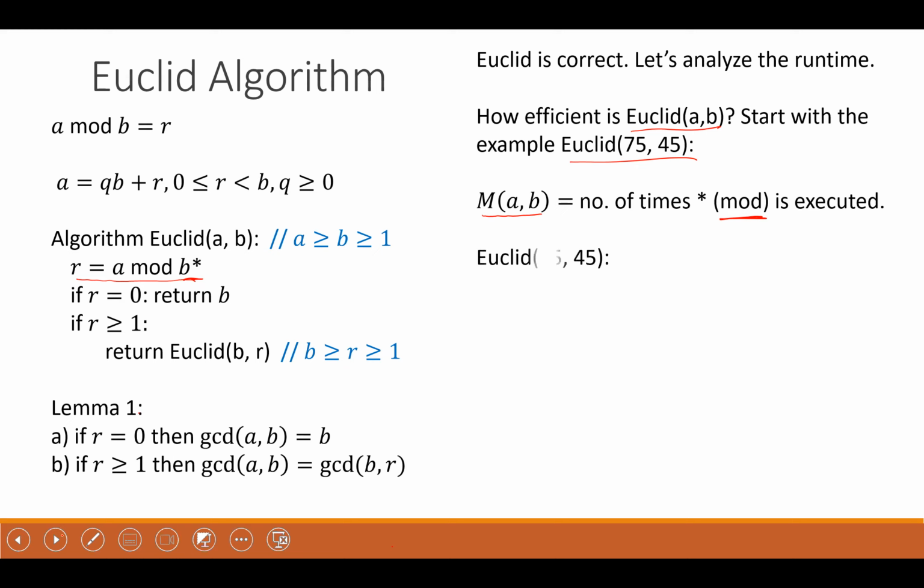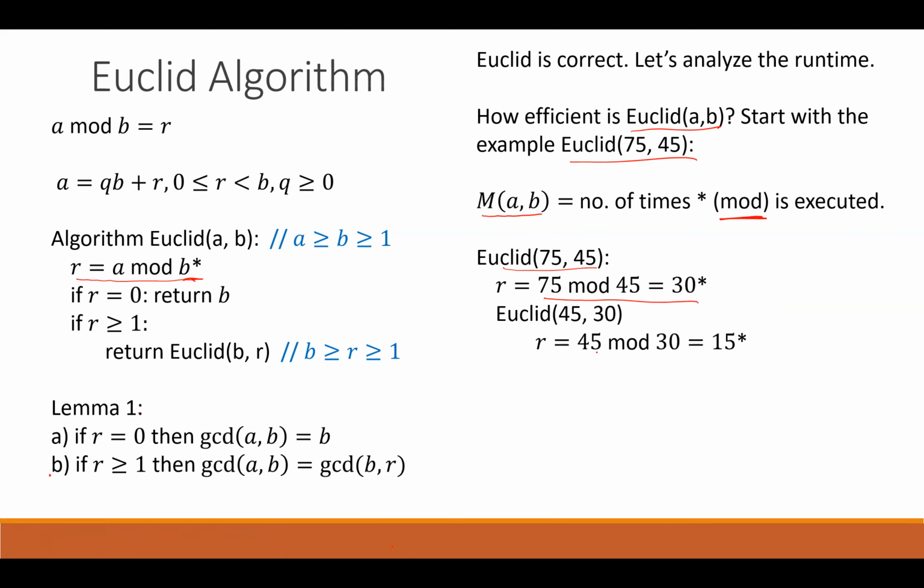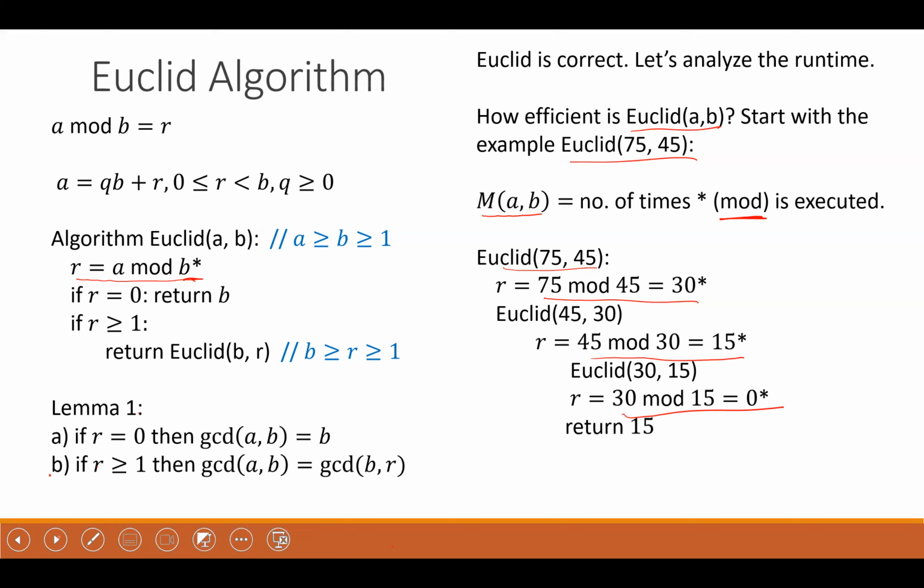So if we go to look at this execution again and simply count them, well, we have one call initially. Then we make a recursive call. We have another call to mod here. We make another recursive call. We make a final call to mod here. At which point we simply return 15.